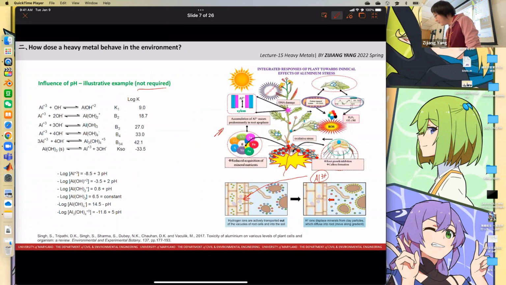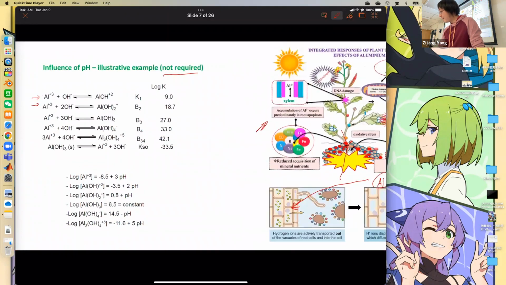Here are some more detailed reactions of aluminum with hydroxide. We can see that it may combine with 1 hydroxide, 2 hydroxides, 3 hydroxides, and so on. But again, this is not required in this class. We just need to understand the previous slides. We also have the equilibrium constants.